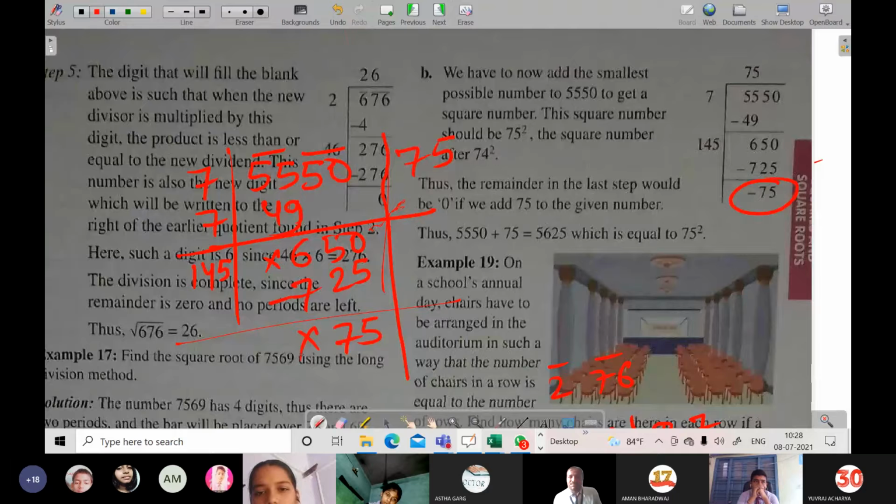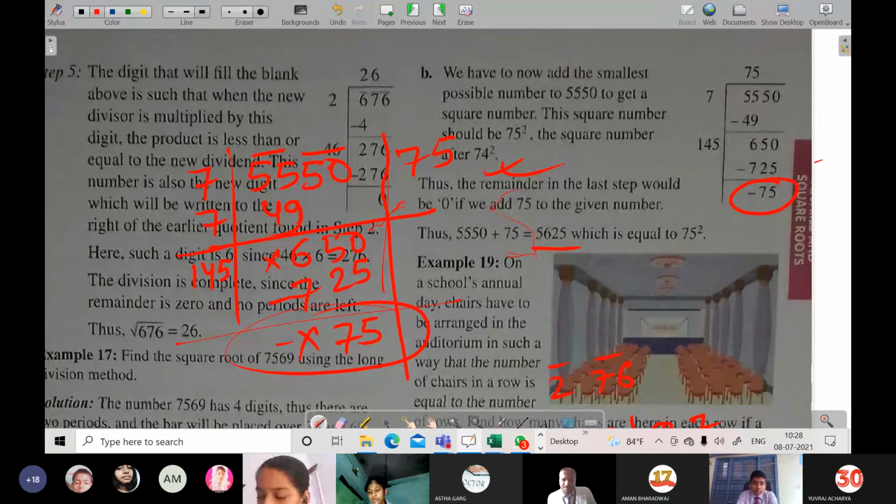So minus 75 is left. So what should be added? Minus 75 should be added. You can write hence 75 should be added to 5550 to make it a perfect square, and its square root is 75. That is, when you will add, it will come 5625, which is equal to 75 square.